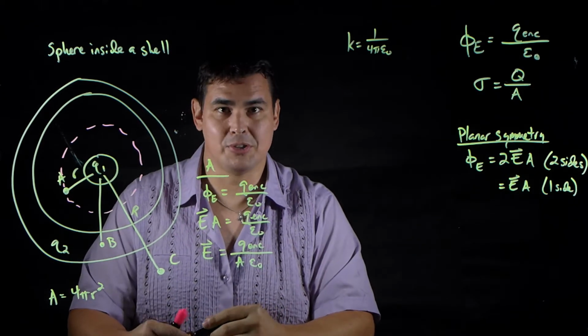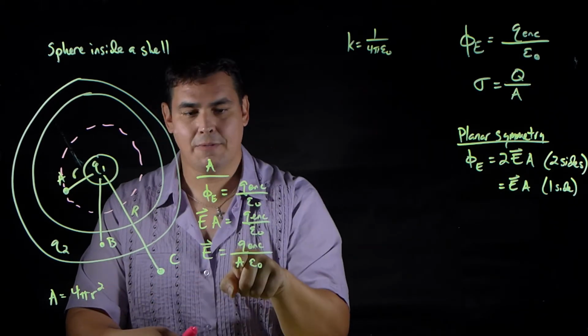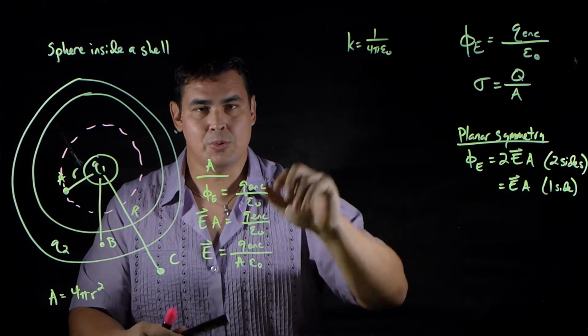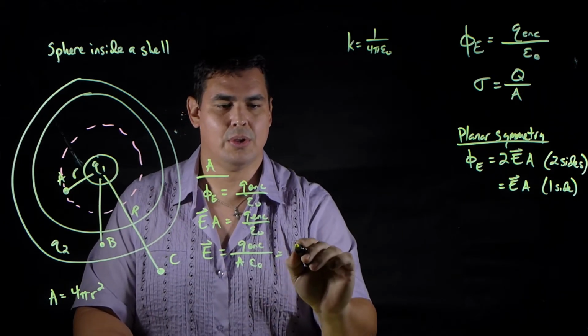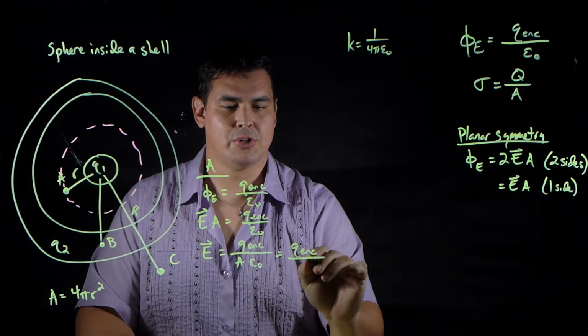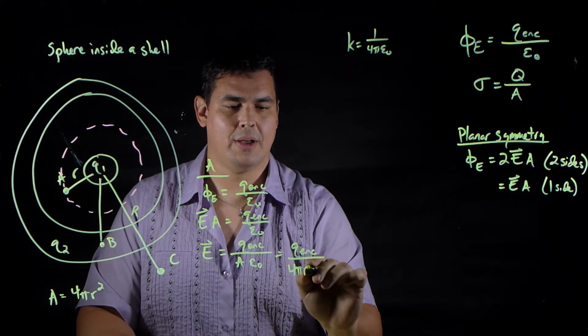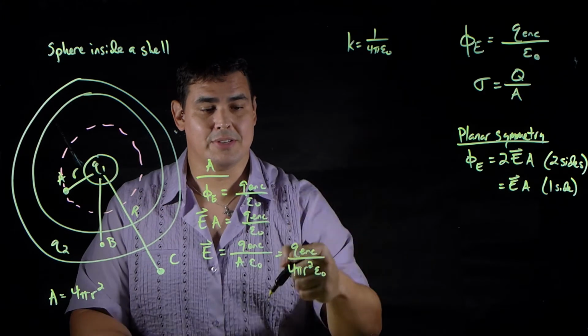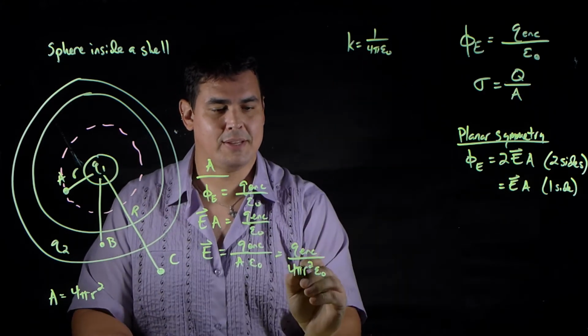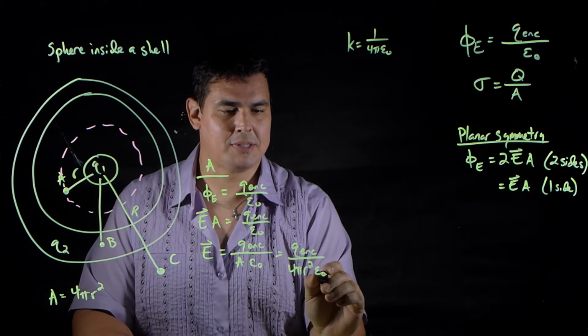So I'm going to make 2 substitutions here. I'm going to substitute this in for A, and then I'm going to use Coulomb's constant in a second. So this is equal to the enclosed charge over 4 pi r squared epsilon naught. So now, see where this is going to come in? K is 1 over 4 pi epsilon naught. So I have a 4, I have a pi epsilon naught.